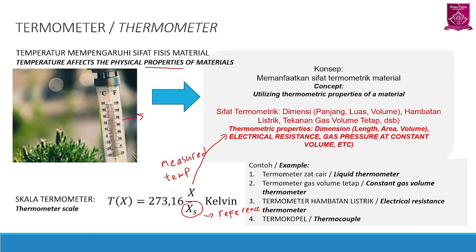If this thermometer is used to measure some object and the object is hot, the alcohol and mercury in this thermometer will rise up, because there is thermal expansion. The other thermometer is the constant gas volume thermometer. It uses the thermometric property of gas pressure, or, as we know for common use in industry, the thermocouple.